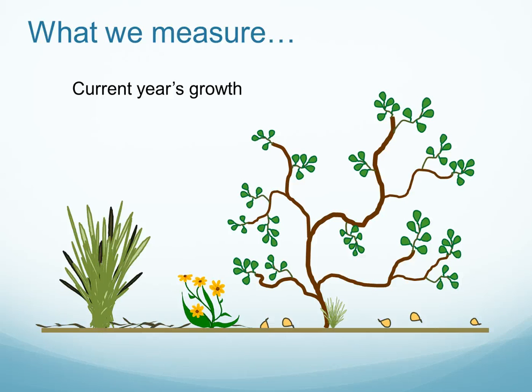Current year's growth is a term that refers to the amount of above ground plant material that's produced during a 12-month period. Sometimes you may hear this called annual production, and when we go to measure current year's growth, we have to remove or ignore the biomass that was produced in previous years.